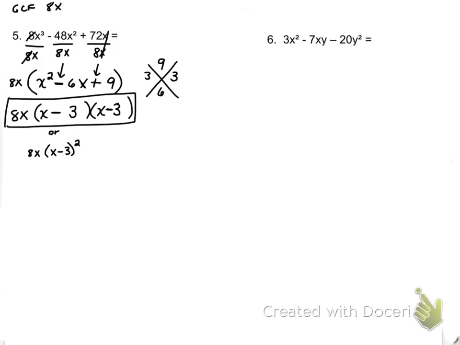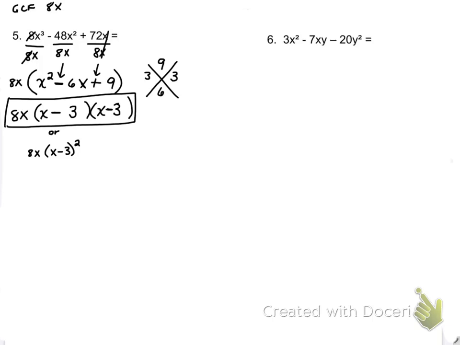And there's 2 processes that I usually will teach students, and one is the box method and one is grouping. And so we're going to look at both of those, but before you do either one, you have to decide what your 2 numbers are that you need for your factors to help you factor.